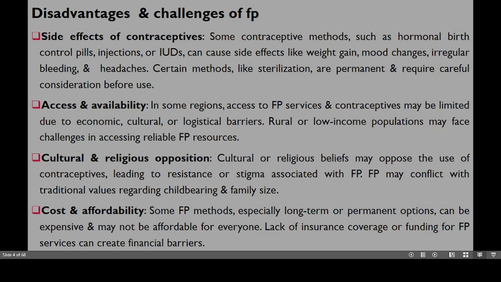Cultural and religious beliefs may also oppose the use of contraceptives, and this normally leads to resistance and stigma associated with family planning. Family planning may conflict with the traditional values regarding childbearing and family sizes in most indigenous communities.